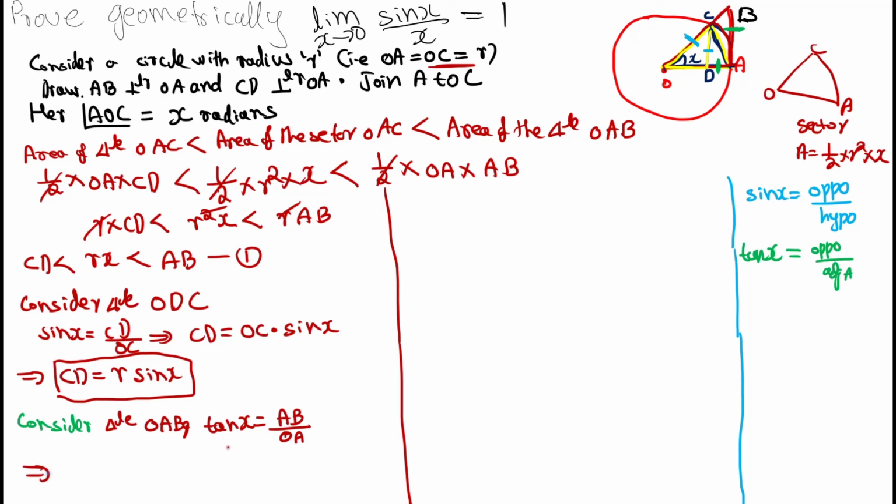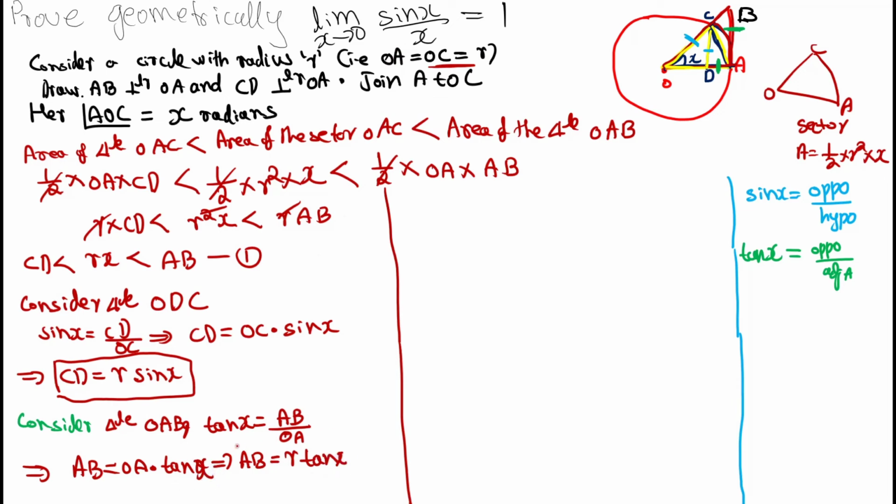This implies, cross multiply, AB equals OA into tan theta. Center to any point on the circle is the radius, so OA value is R, and AB equals R tan x.